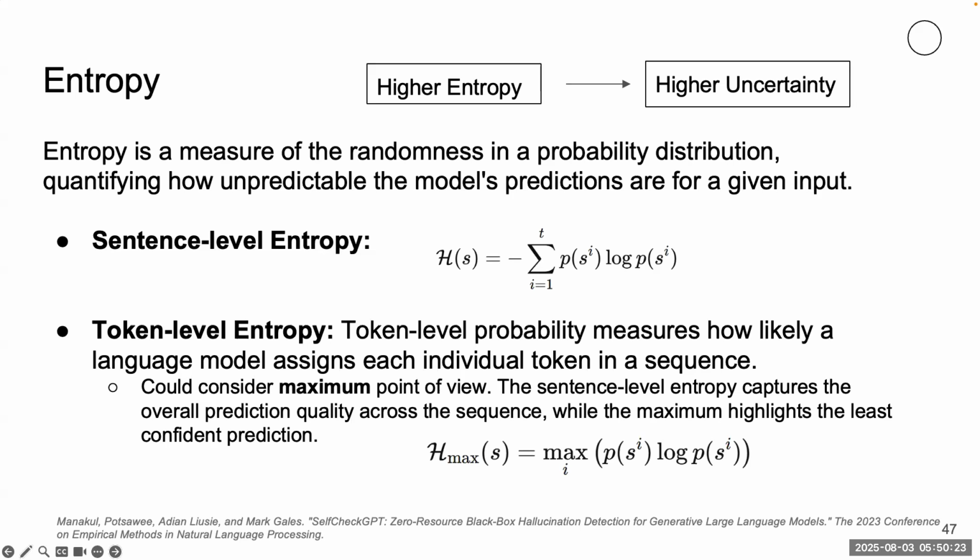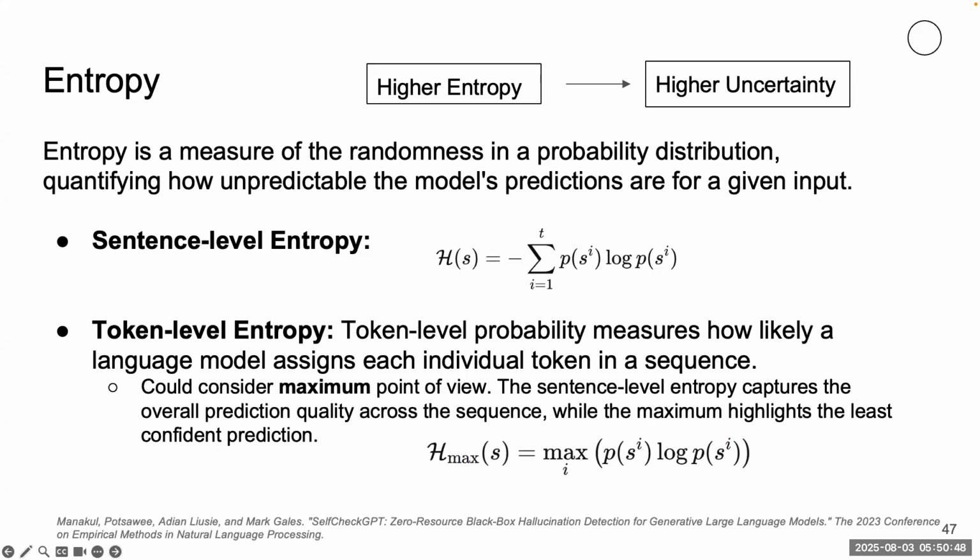And this probability for a certain sentence, like I said for any probability, you can estimate through Monte Carlo sampling, or if you have the model's output probability for each token, then there's a joint distribution over every token of that sentence. This is sentence-level entropy.